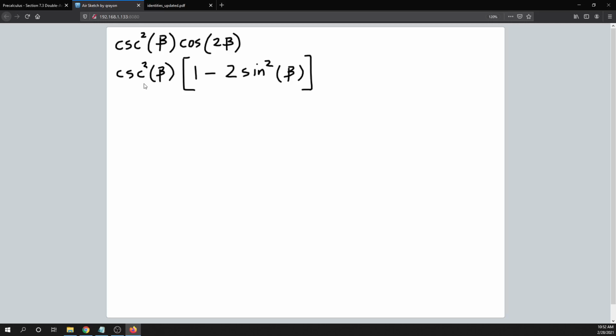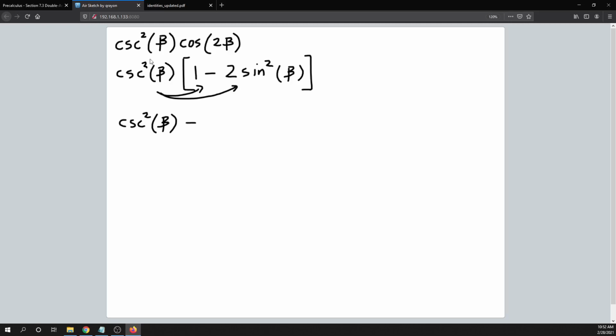So when I multiply this out, which is what I'm going to do in the next step, that reminds me that I need to distribute this cosecant squared beta to both of these terms here. I'm going to go ahead and multiply cosecant squared beta times 1, and of course, I'll just get cosecant squared beta.